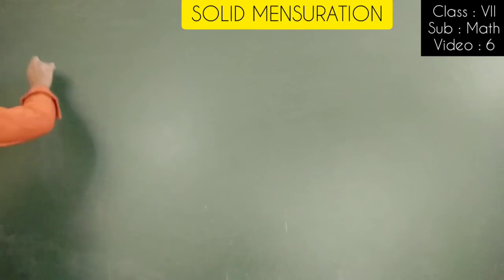Now, the first one is total surface area of a cylinder.